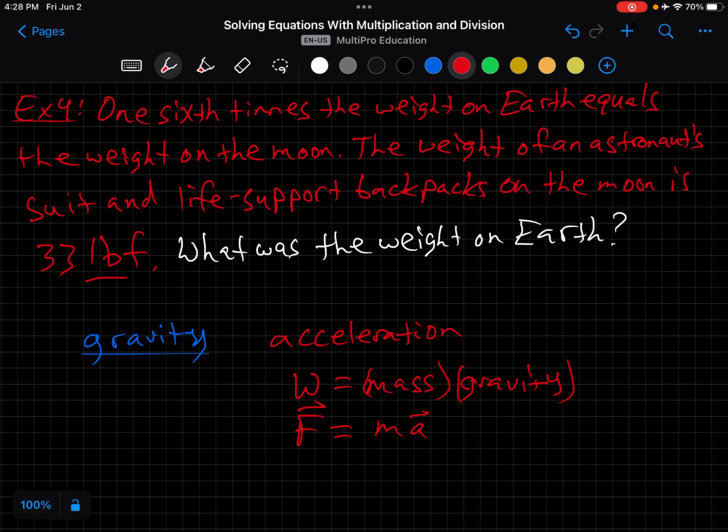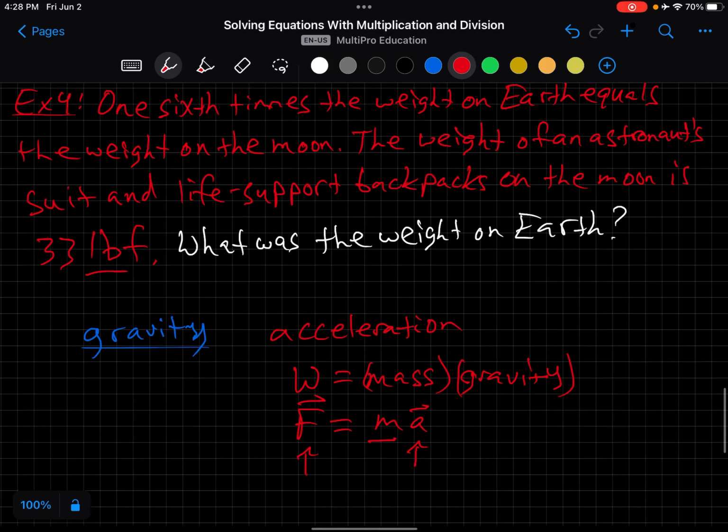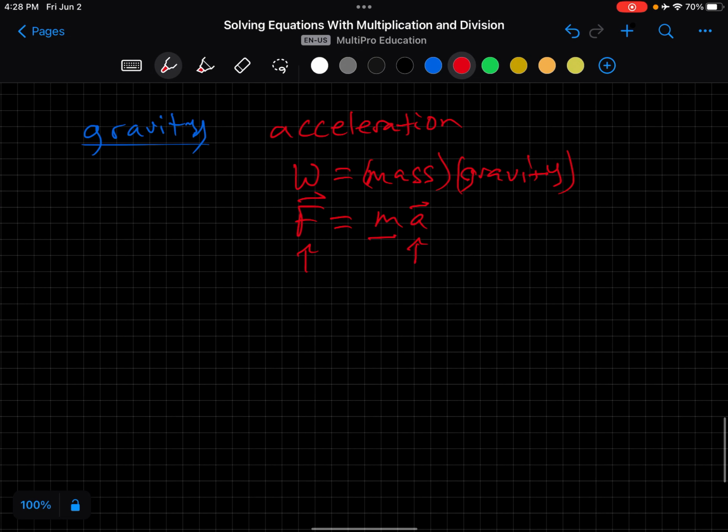You don't have to understand all this, but what changes here is that the mass of the backpacks does not change. The only thing changing is the acceleration and the force, which is the weight. The mass remains constant.